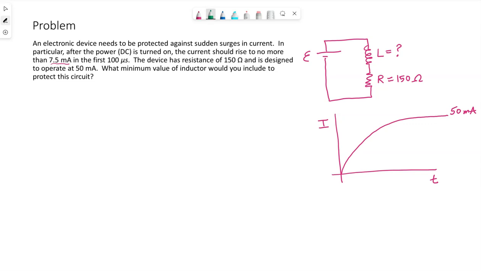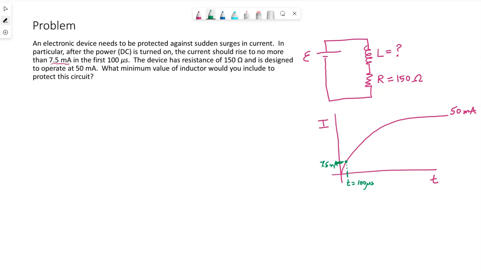There's going to be a point in time where the current is 7.5 milliamps. The problem is telling us that we don't want this time to be any smaller than 100 microseconds. It can take more time to get there, but we don't want it to take less time to get there.